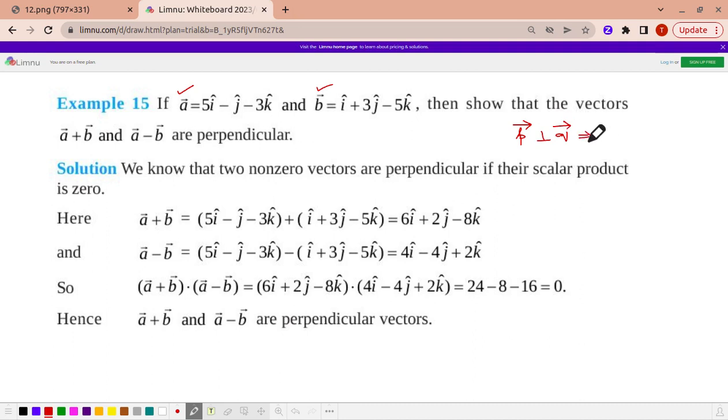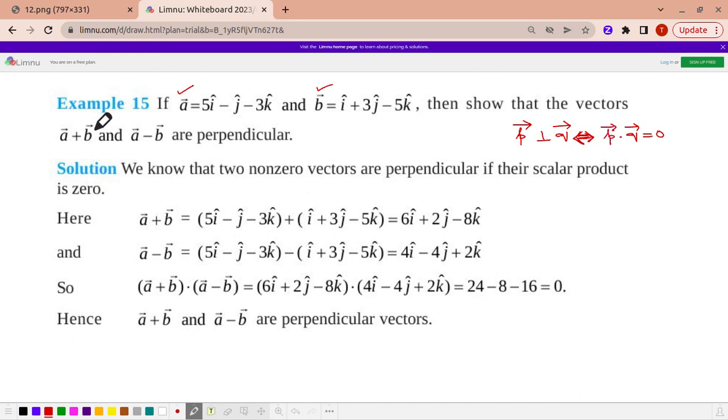We can conclude that the vector P dot vector Q must be equal to 0. So if two vectors are perpendicular, that means P dot Q equal to 0, and the converse is also true. That means if P dot Q equal to 0, then we can conclude that the vector P is perpendicular to vector Q. That's why it is implying and implied by, both the arrows, right?